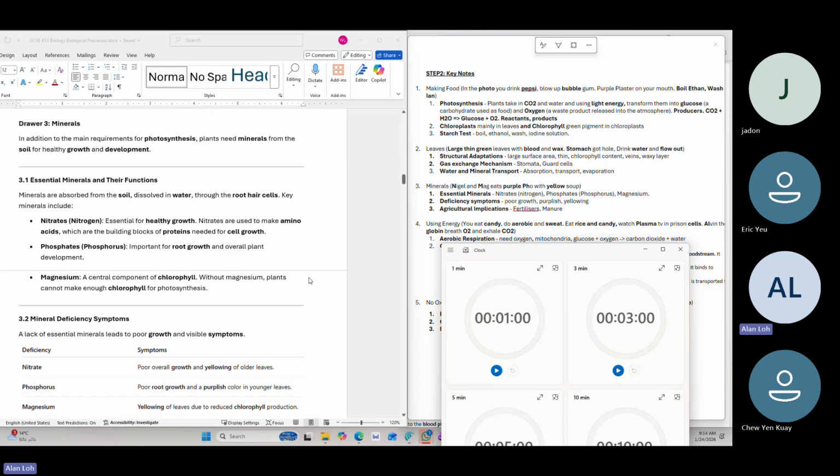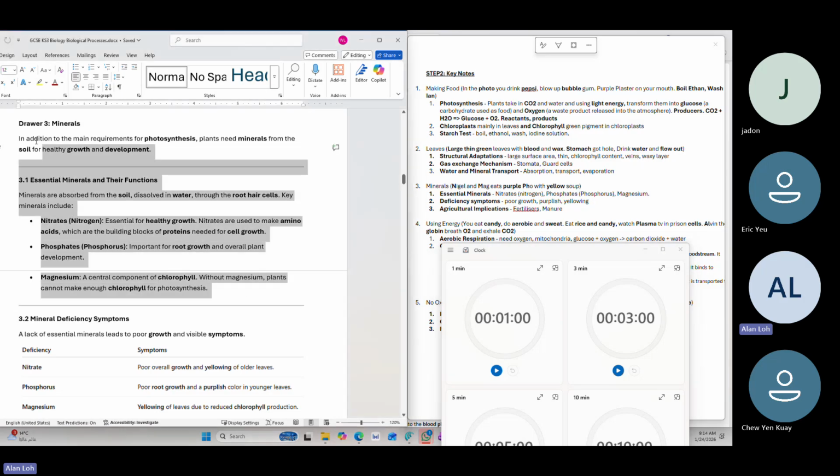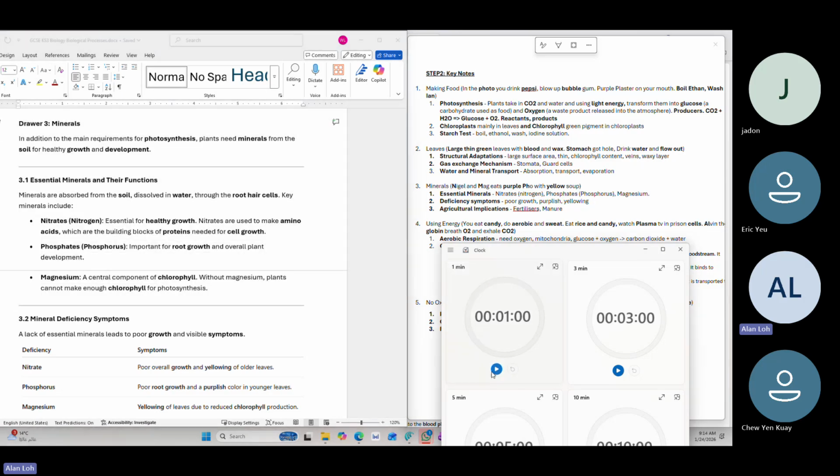Now let's do drawer number 3. Now we're in drawer number 3. So let's do this small one, and still I'll give you 1 minute to do it.